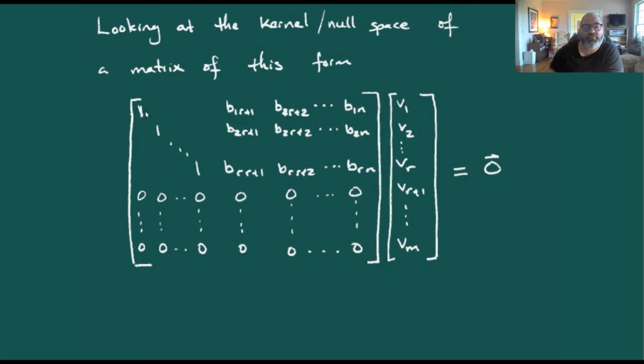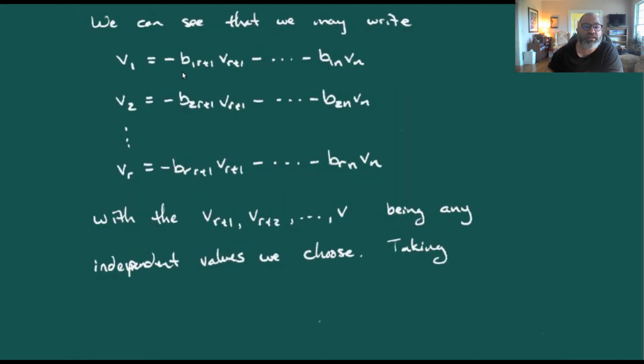If we imagine what our equations are, we can rearrange them and solve for v1 being the negative of the corresponding expression in v sub r plus 1 up to n, v2 being the negative of the corresponding expression, and vr likewise. So we can solve our first r variables in terms of everything corresponding to that B matrix on the right, with r plus 1 up to n.